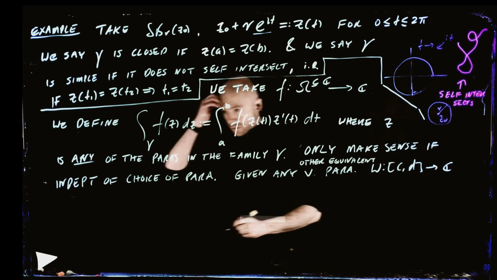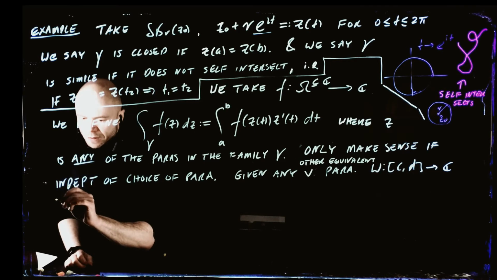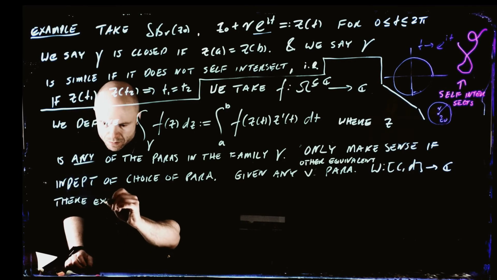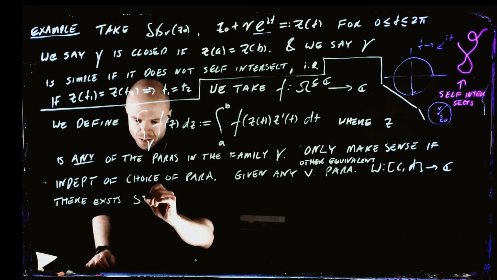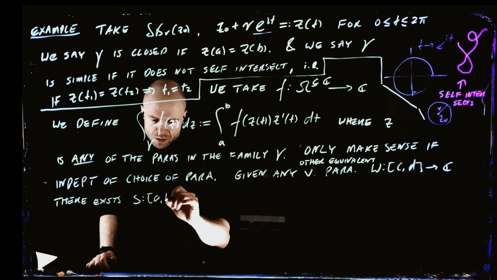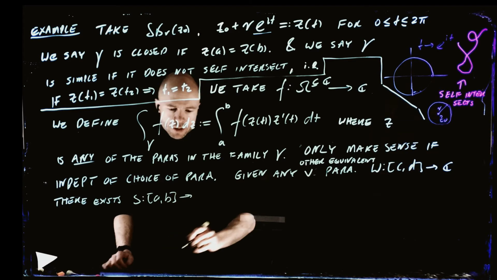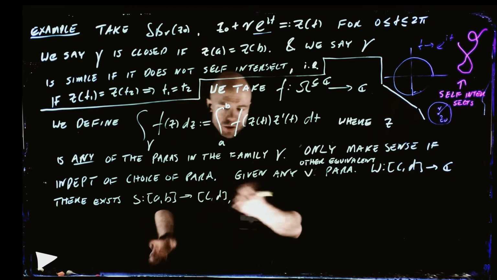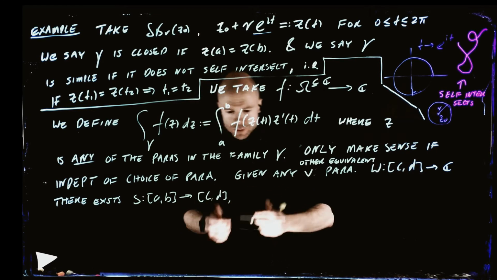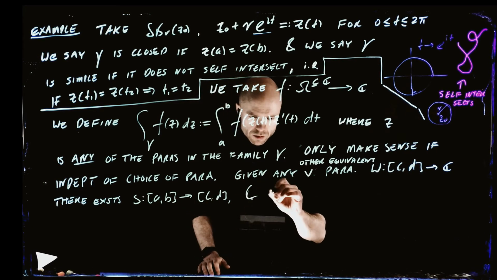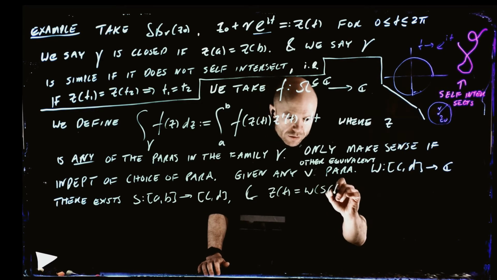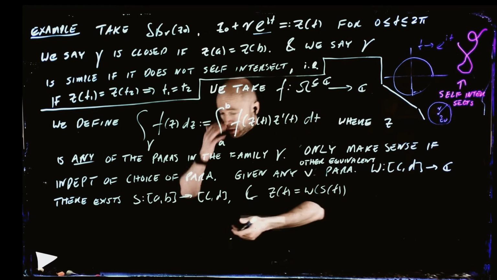Okay. There exists some s from a to b into c to d with the properties that it's differentiable, the derivative is positive, and z of t equals w of s of t, right? That's what equivalence means.